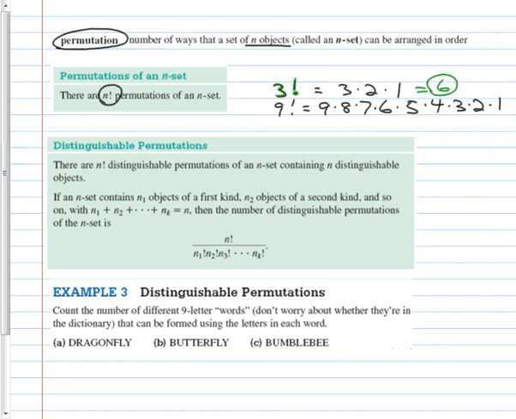So if I have 4 students sitting in these desks, and I say, how many different ways, remaining in the same desks, can I arrange you 4 students in order? How many different orders can I arrange you 4 students? 4 factorial. I don't know, what's 4 factorial? There is one on the graphing calculator, under math.